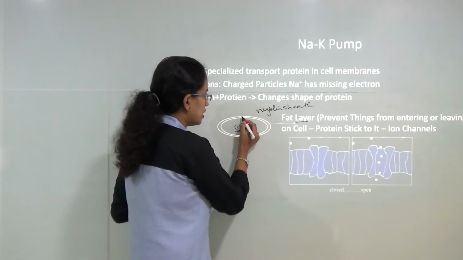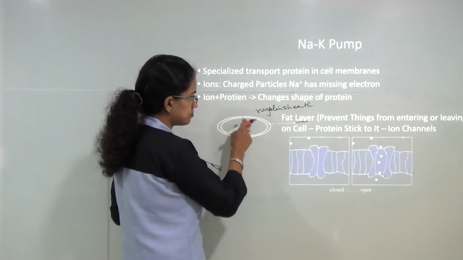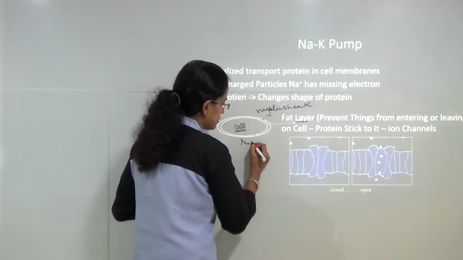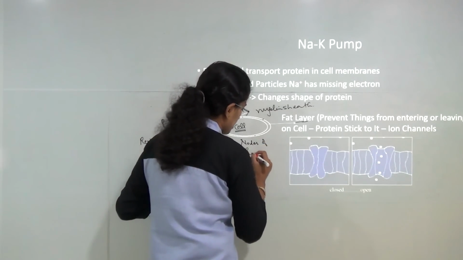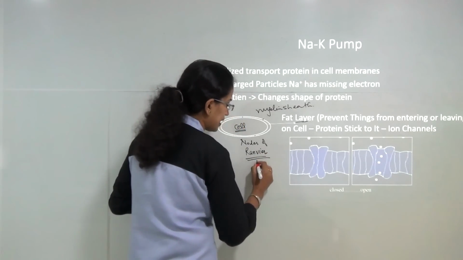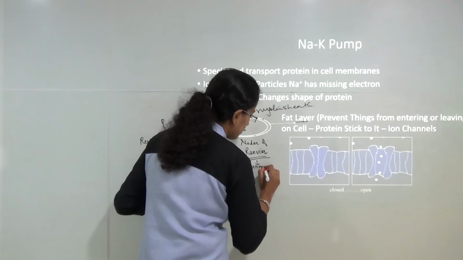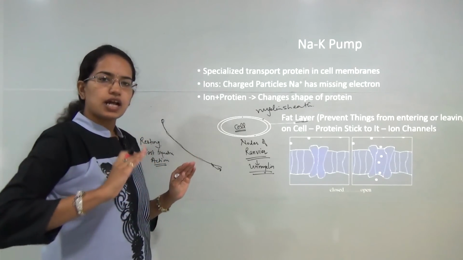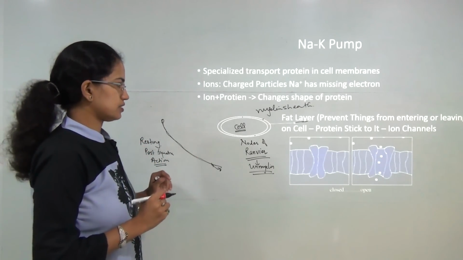Between the myelin sheath you have the nodes of Ranvier, which are unmyelinated, or do not have a fatty layer, and through these nodes there is transfer of ions.